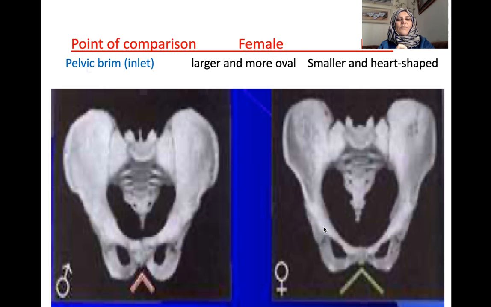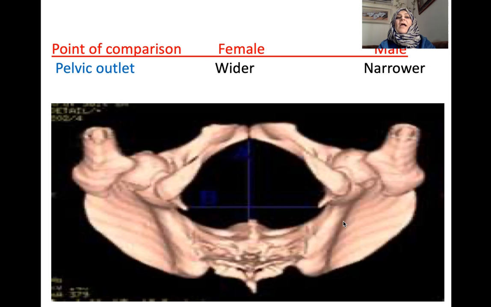In the female it is oval in shape, while in the male it is smaller and heart-shaped. Why heart-shaped? Because the promontory of the sacrum in the male is more tilted forward, giving an indentation, so it is heart-shaped, while in the female it is oval. The pelvic outlet in the female is wider while in the male it is narrower.